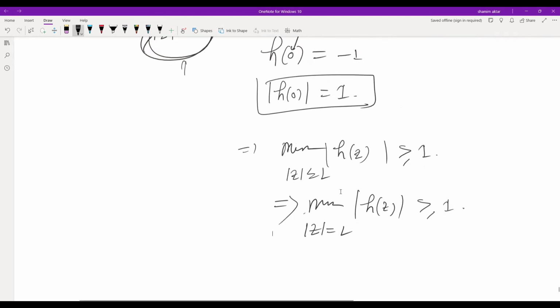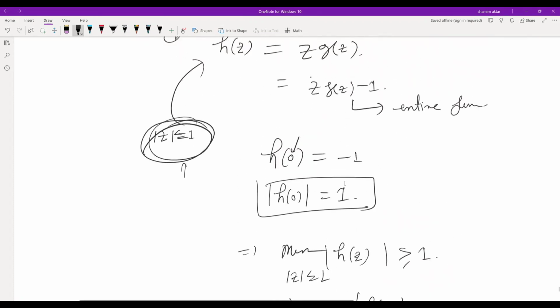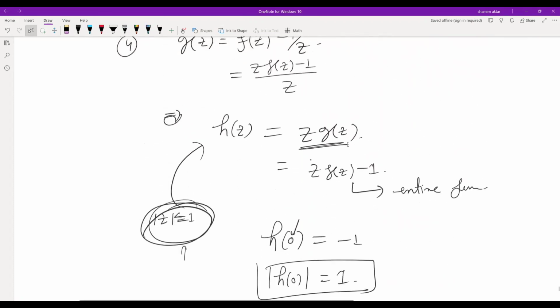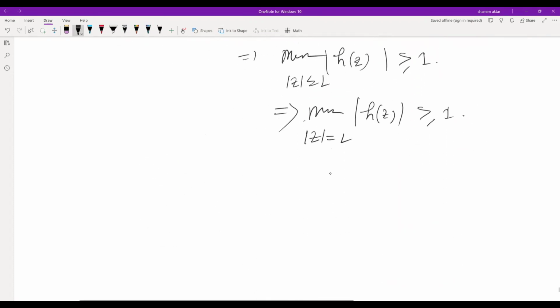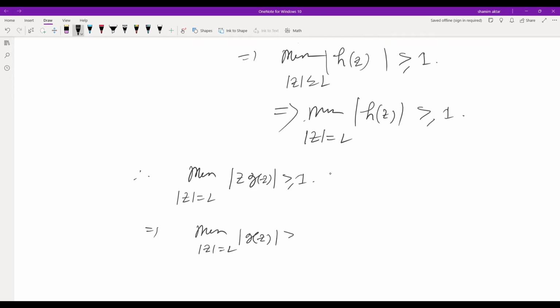Now put in the value of h(z), which we considered as z g(z). The maximum over |z| = 1 of |z g(z)| equals 1, and putting |z| = 1, we ultimately get that the maximum of |g(z)| is equal to 1.